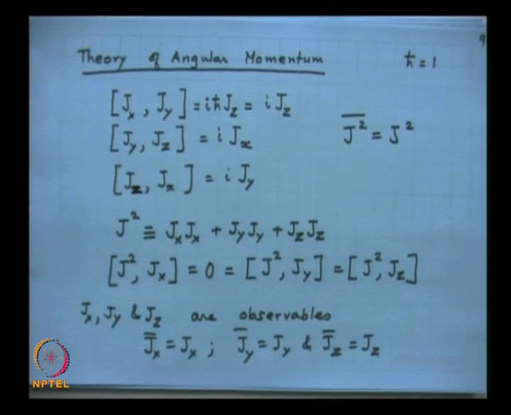And the third assumption is that since they are all observables, they are all represented by real linear operators. And therefore, since J square commutes with J x, I can have a complete set of simultaneous eigenkets of J square and J x, or of J square and J y, or of J square and J z.